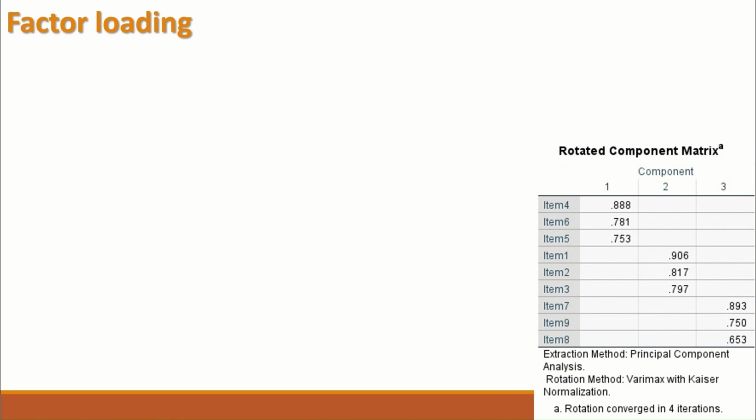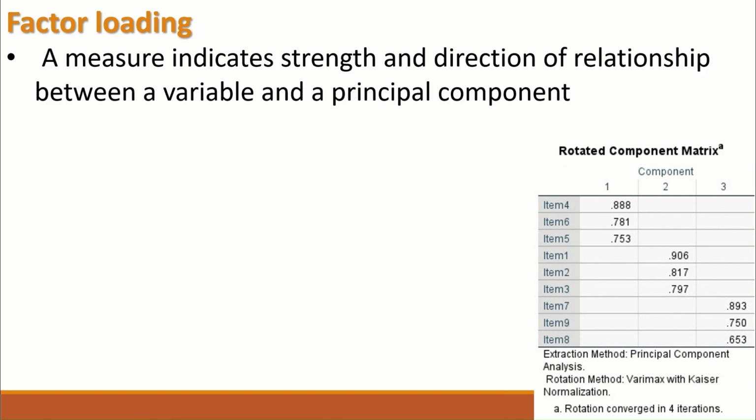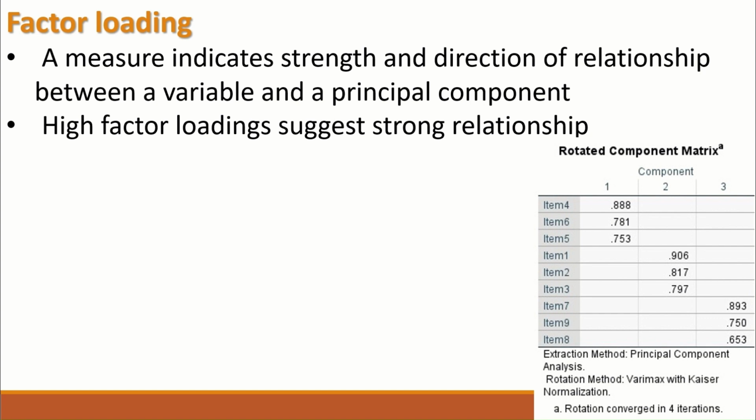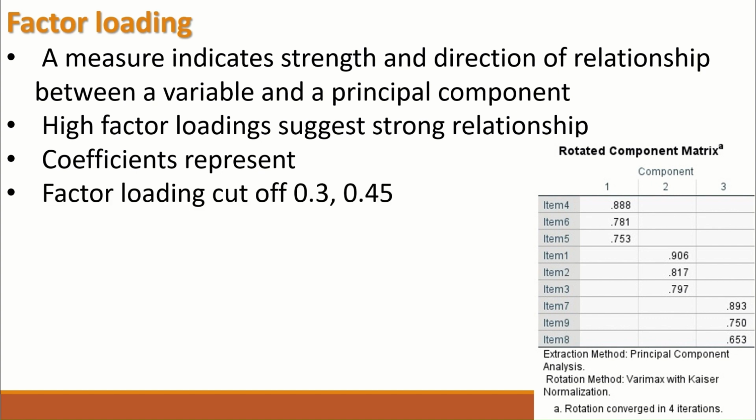The next slide describes factor loading. Factor loading is a measure that indicates the strength and the direction of the relationship between variables and principal component. The higher the factor loading, the stronger the relationship. Factor loading is a coefficient, and the cutoff for factor loading as a rule of thumb is 0.3.